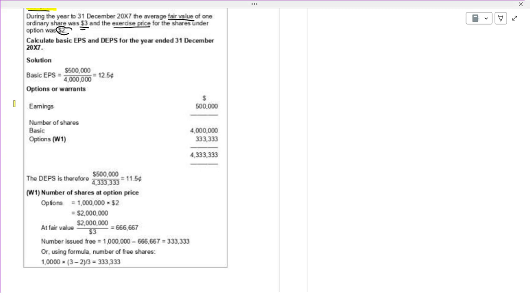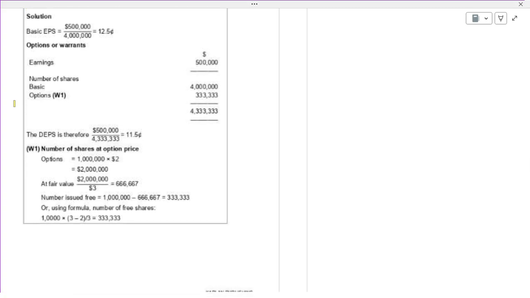Getting the point? I am writing here: this is the fair value, this is the exercise price, this is the fair value.